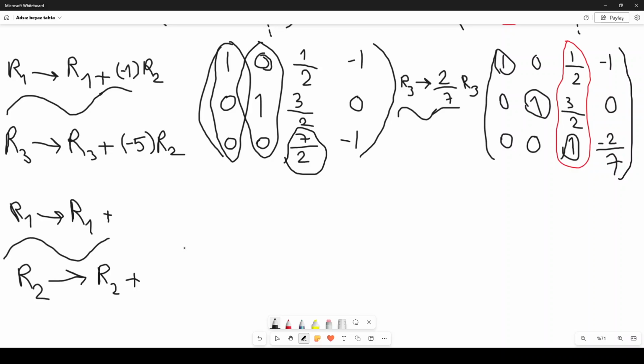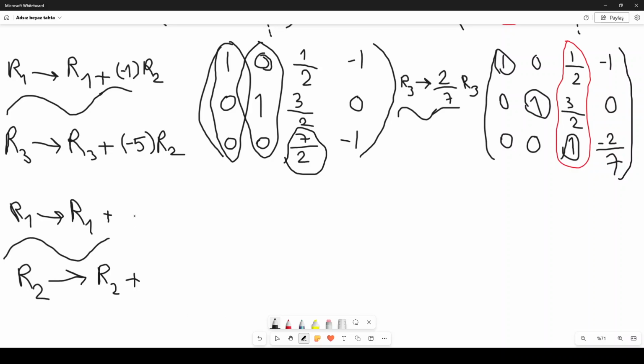And what are these? As we noticed, guys, we have 3 over 2. So if I multiply the third row by minus 3 over 2 and add it to the second row, then I got 0 here. And the same thing for the first row as well. If I multiply the third row by minus 1 over 2 and add it to the first row, then I got 0 here.